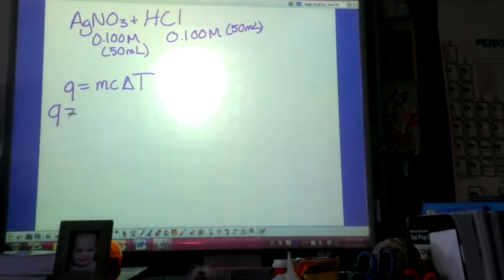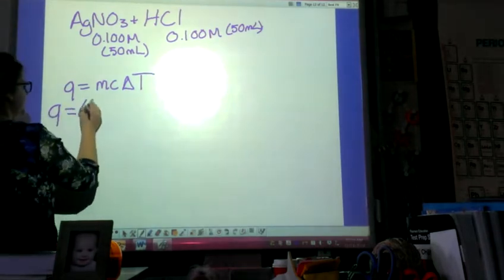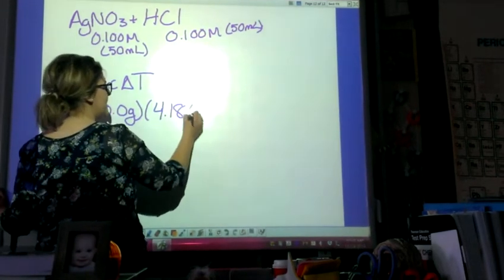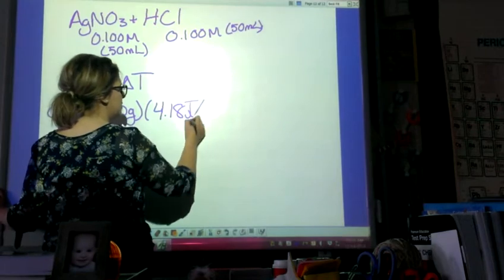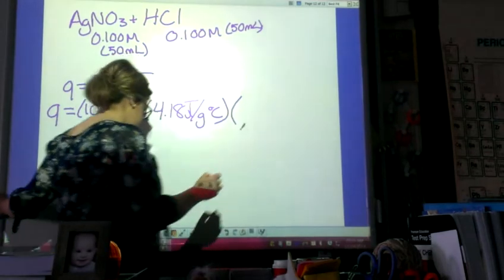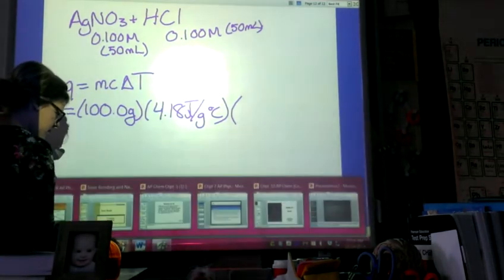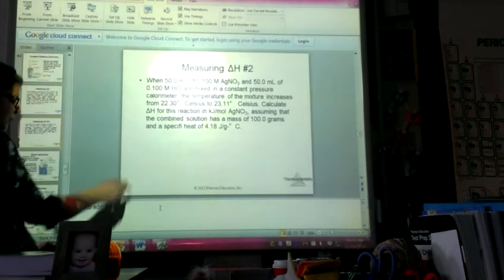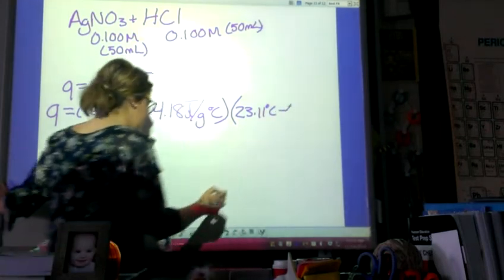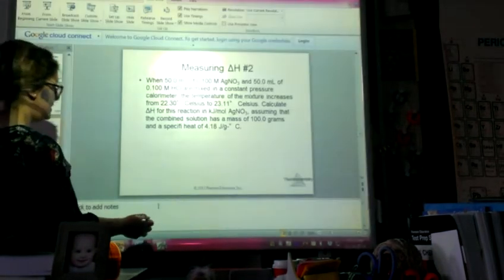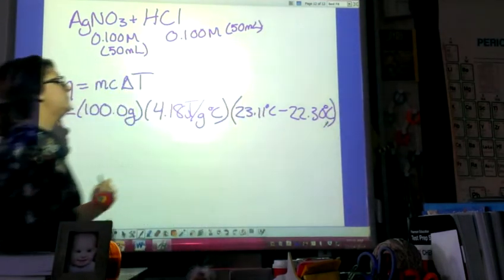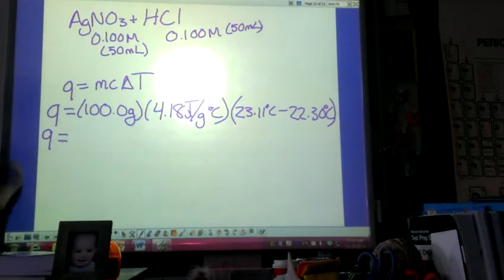So Q is equal to, they told me that since we have 50 mLs of both, the mass is going to be 100 grams. I know the specific heat, they gave me that, is 4.18 joules per gram degrees Celsius. And then my change in temperature, final minus initial, so 23.11 minus 22.30.